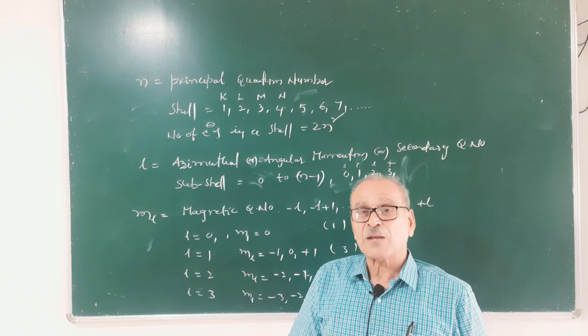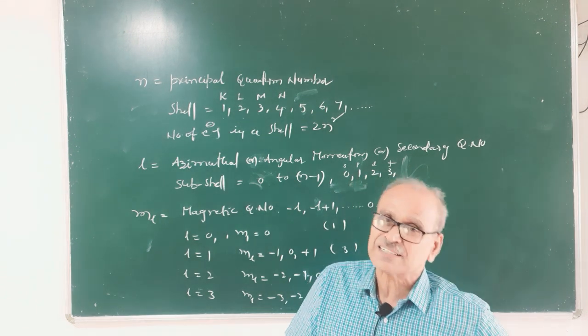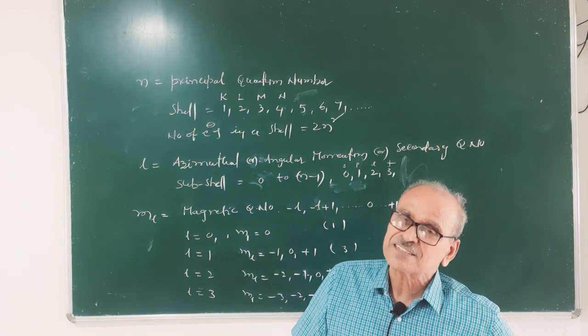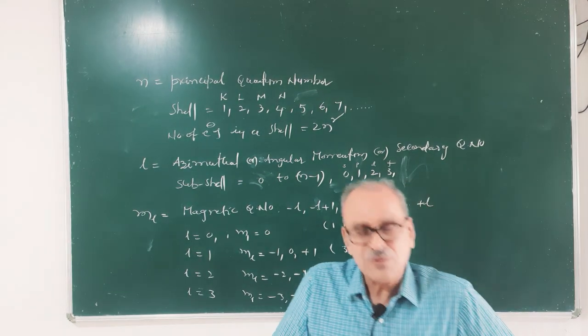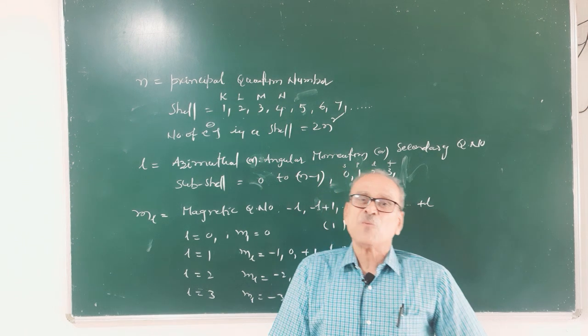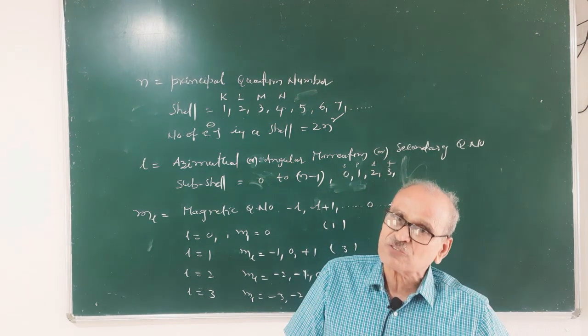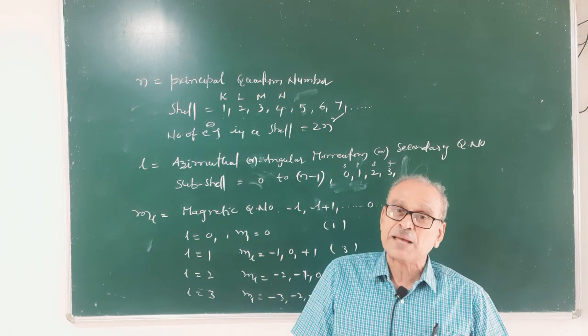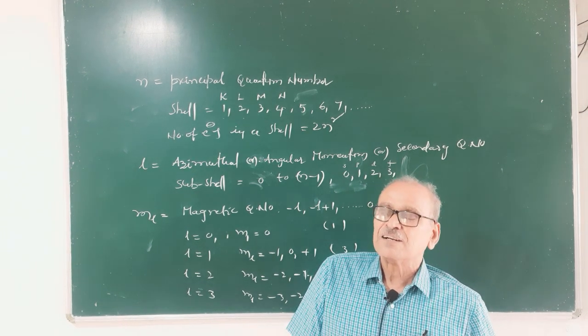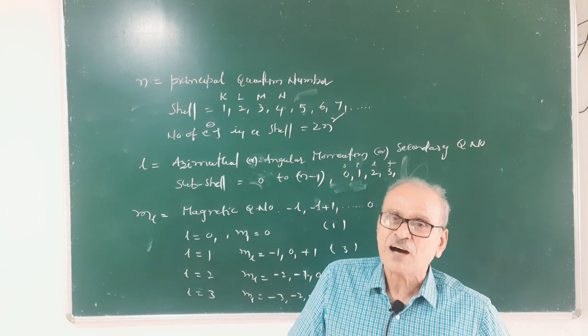Now the orbitals in a sublevel are degenerate, that is orbitals of equal energy. Each orbital can accommodate a maximum of 2 electrons with opposing spins, which is given by the spin quantum number ms, whose values are plus or minus half.